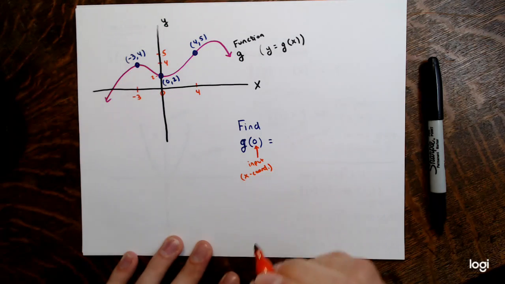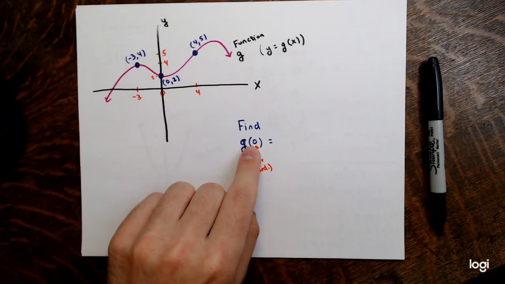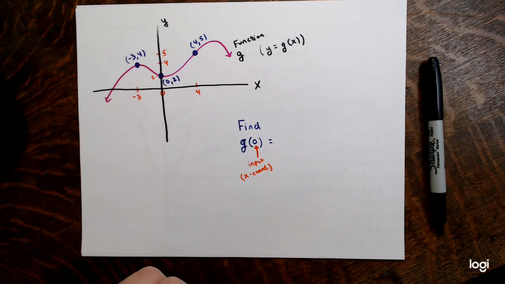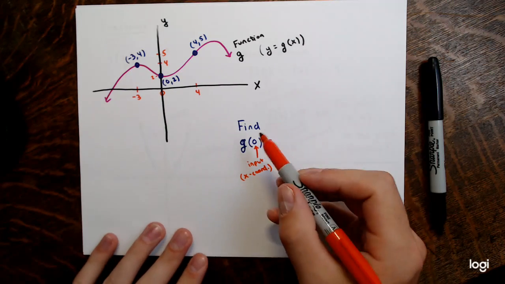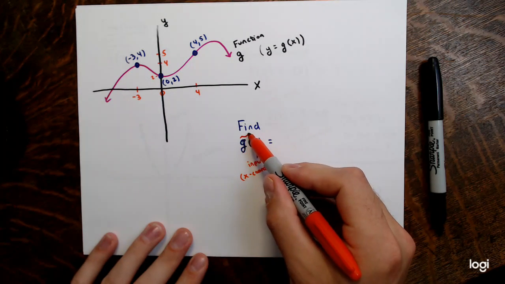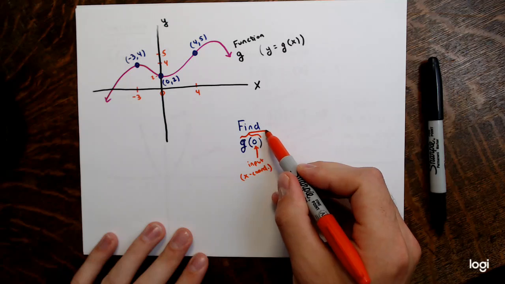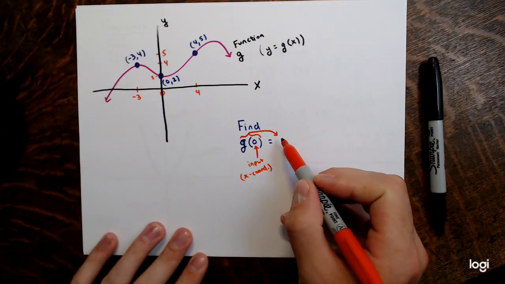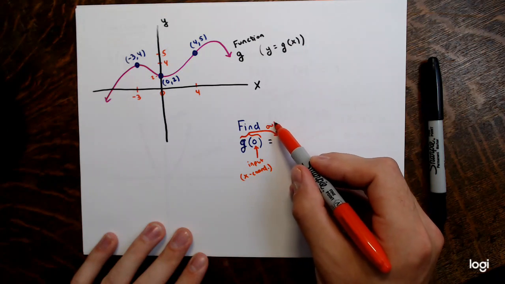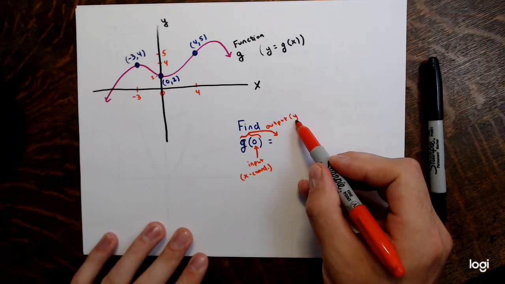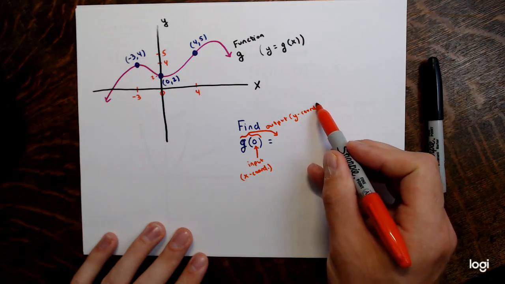That 0 is the x-coordinate of the point I'm looking at. And then g of 0, the whole thing, is equal to, on the other side, the output or the y-coordinate of the point I'm looking at.